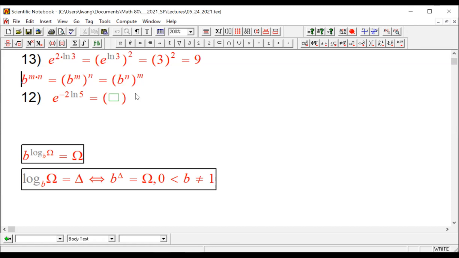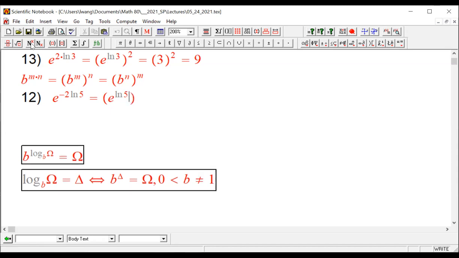So what are we getting? We can write it as e to the power of ln 5 and then raised to the power of -2.